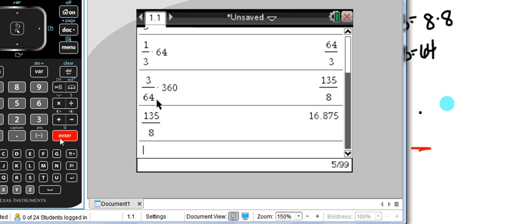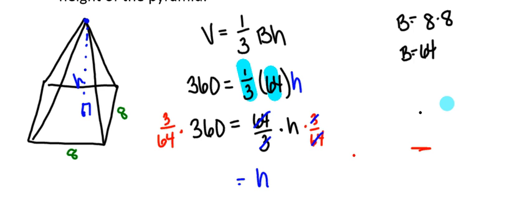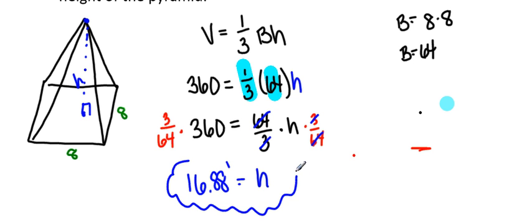Hit control enter. And now it has given me my answer in decimal form, which I can now round to the nearest hundredth. So 16.88. The height of our pyramid here is 16.88 feet.